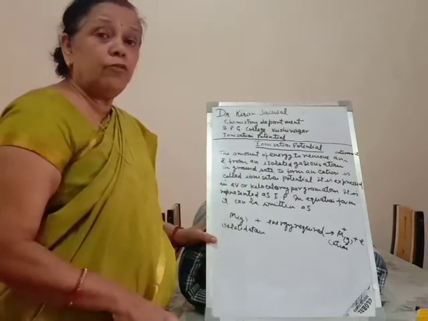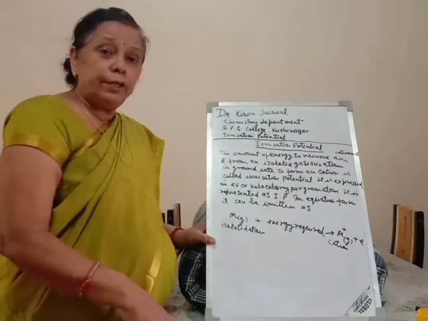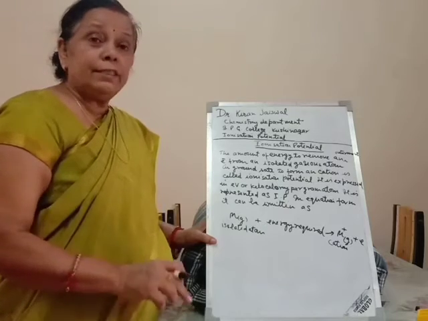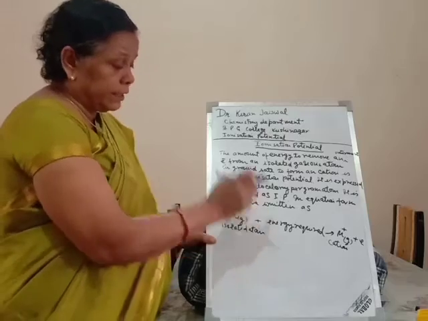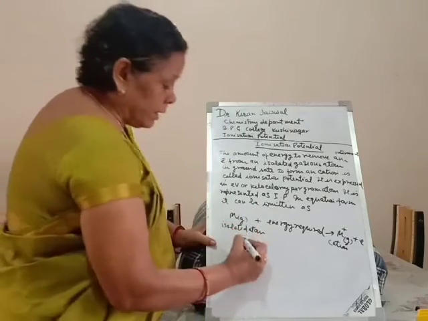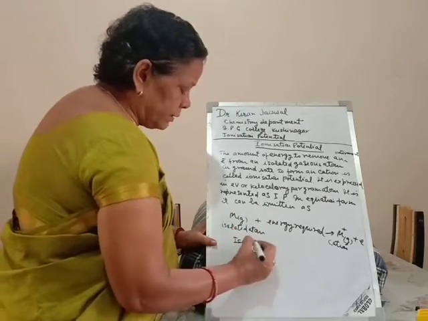The energy required to remove an electron from an isolated gaseous atom is known as the first ionization potential.